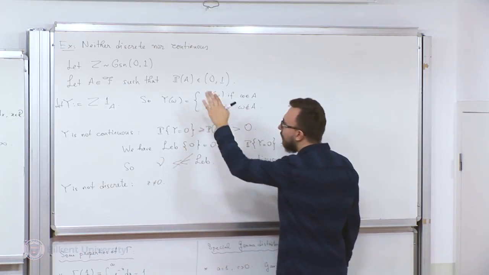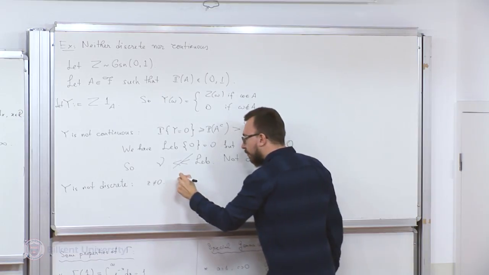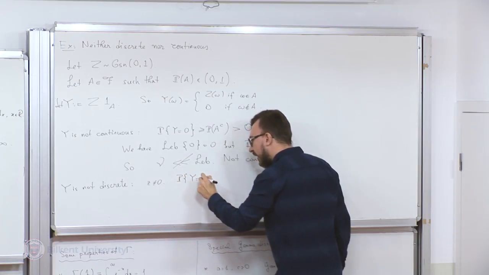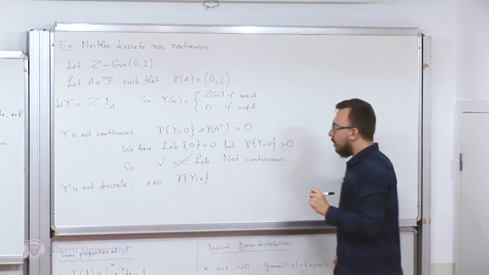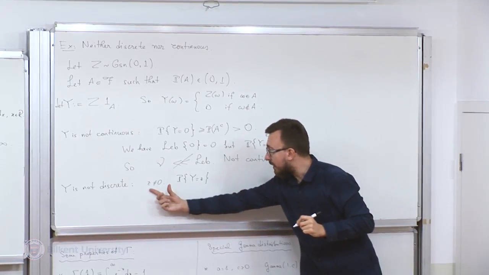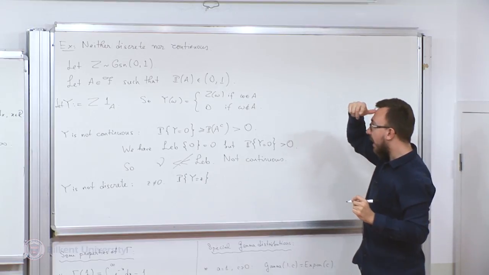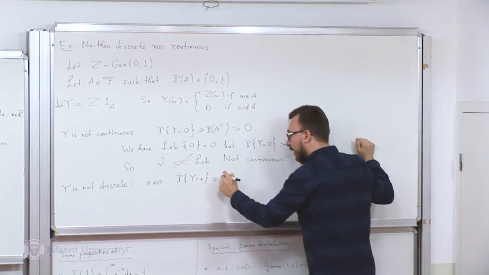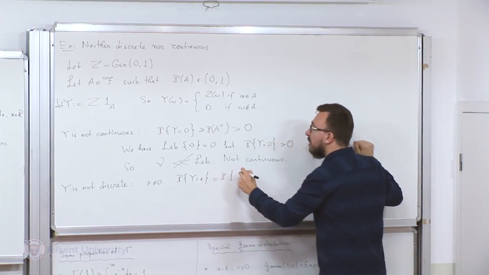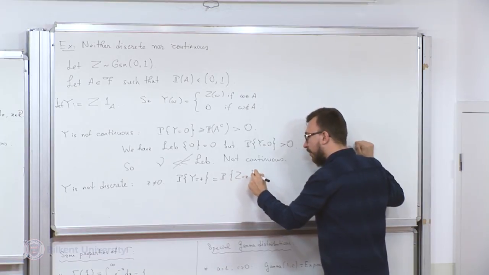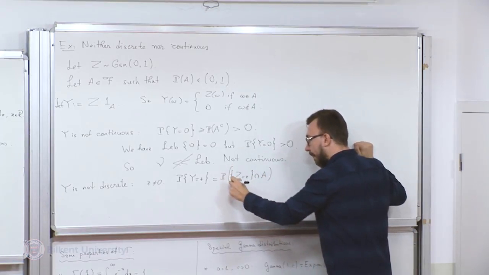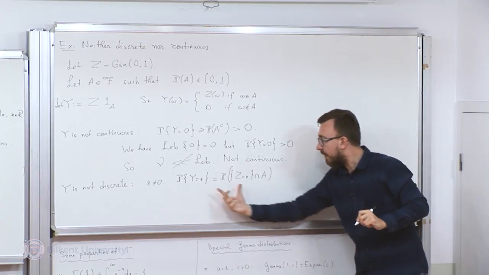So let's look at some possible value little z. The probability that Y equals little z is what? Y can take this value only in the event A. So Z takes this certain value, and we are in A. This is if and only if.